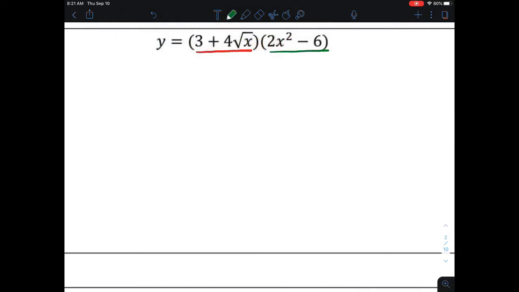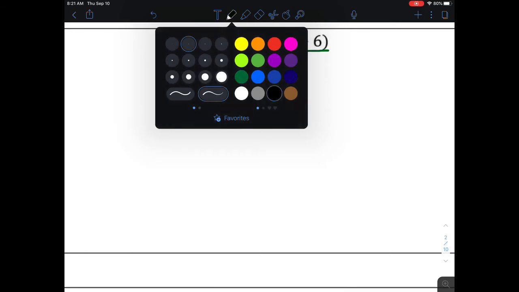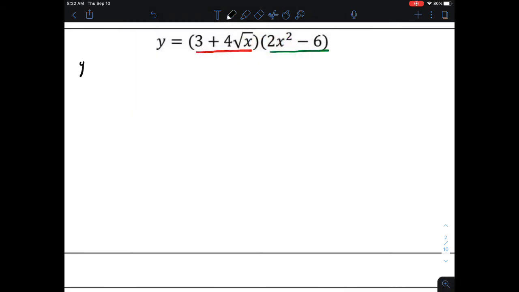And we want to take the derivative. Now the derivative of y is going to be y prime. So I'm going to write y prime is going to equal. The product rule says write the first term, so it'd be 3 plus 4 times the square root of x, times the derivative of the second, so the derivative with respect to x of the second term, 2x squared minus 6.